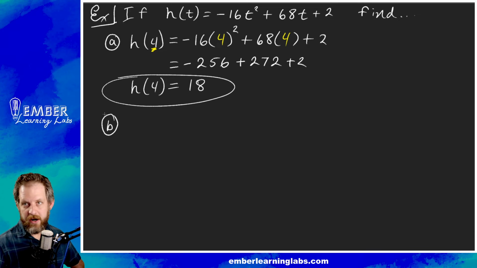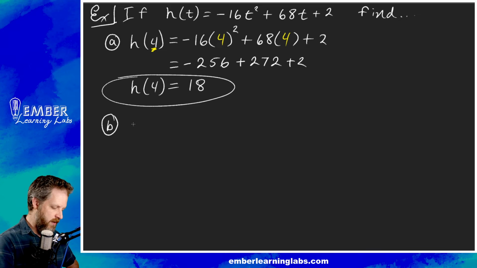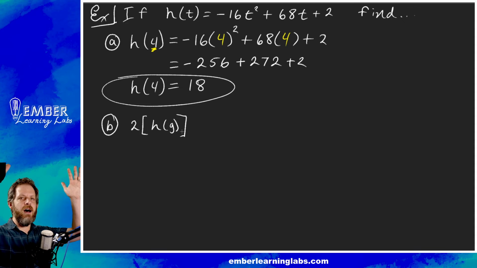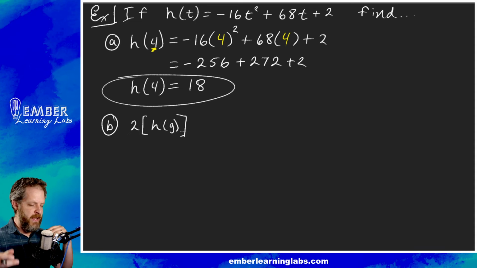It's going to look scarier, but it's not going to be scarier. So what we're going to do is find 2 times h of g. Whoa. What? We're going to treat this one kind of like that plus 1 up above previously.